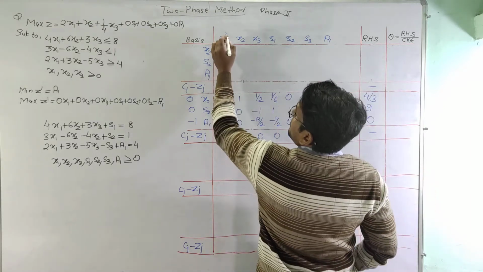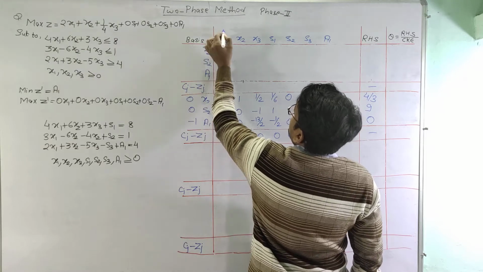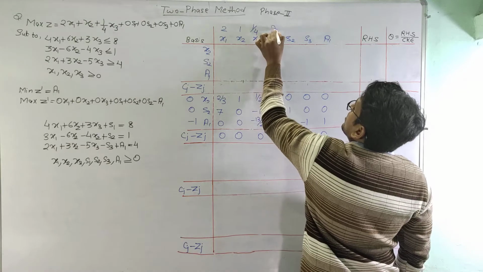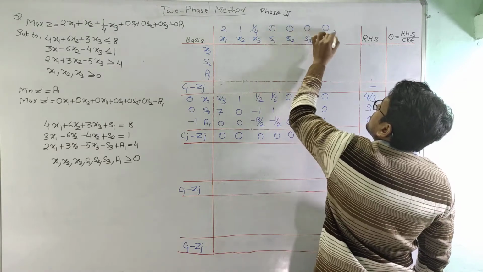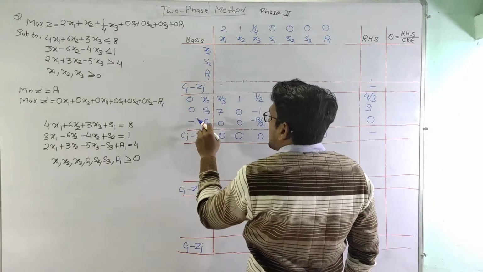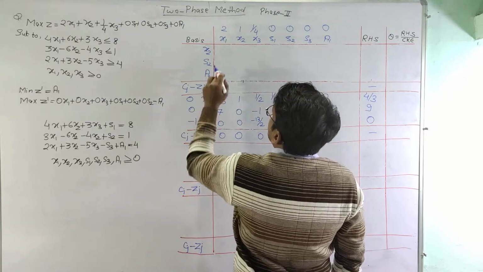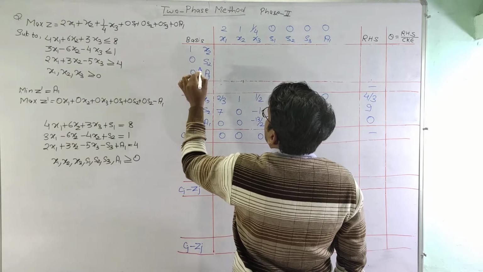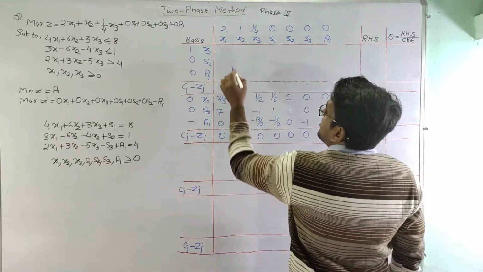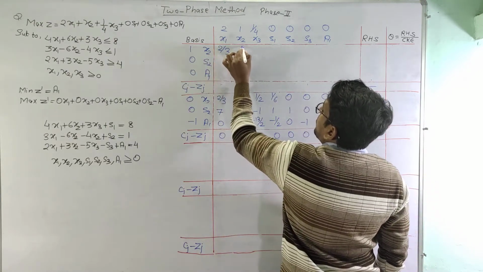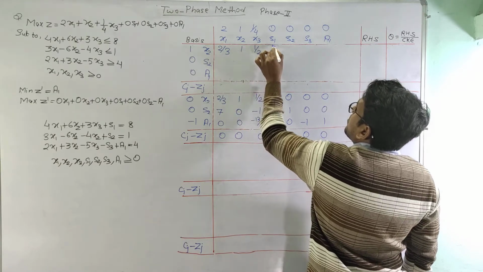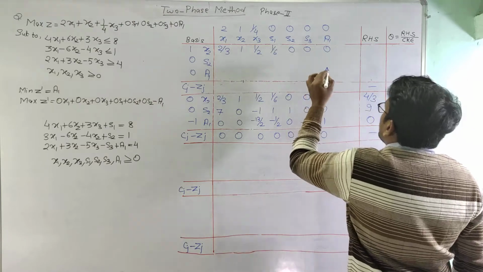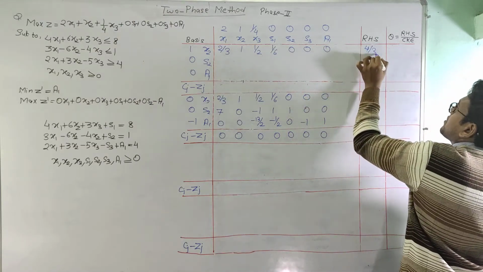The objective function will be the original objective function given in the question, which is 2, 1, 1 by 4, 0, 0, 0, 0, and these three are the variables in the basis column. Their coefficients are 1, 0, 0, and the matrix is 2 by 3, 1, 1 by 2, 1 by 6, 0, 0, 0, equal to 4 by 3.